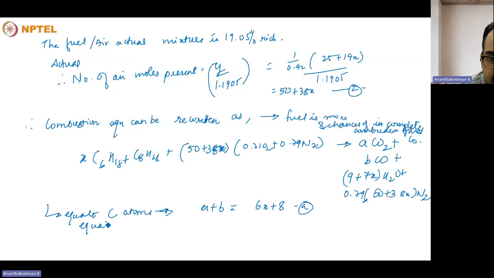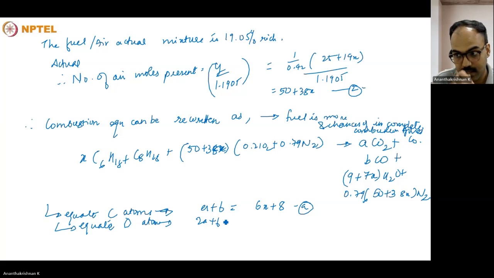Similarly, equate the oxygen atoms. On the right hand side, it will be 2A plus B plus 9 plus 7x, which will be equal to the left hand side, 50 plus 38x into 0.21 divided by 2.